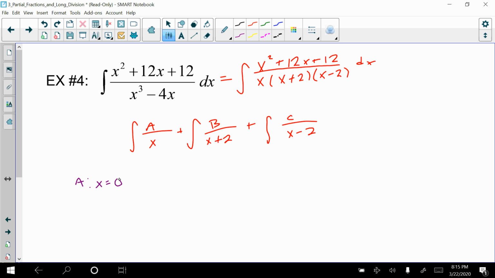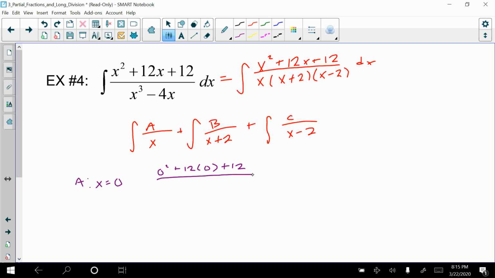Okay. Now the numerator is the numerator. It doesn't change. So I'm going to take the 0 and substitute it anywhere I have an x in the numerator. So that would be 0 squared plus 12 times 0 plus 12. Now what goes in the denominator?